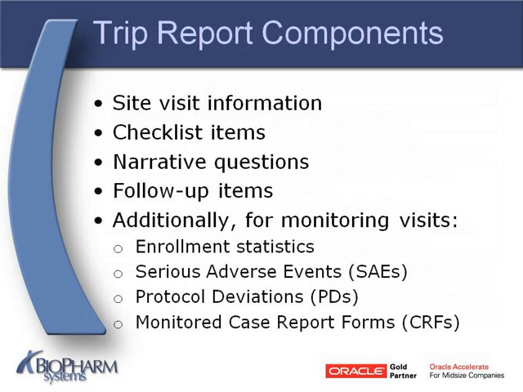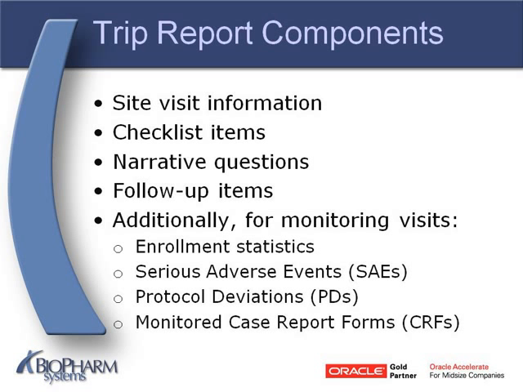So first, like I said, we want to start out with basic typical components of trip reports. The first one here is the site visit information, just some basic information about the site and the site visit, the dates, and relating it back to the site, the PI, and the attendees at the site. The next item is your checklist items, so questions or tasks that you need to do on the trip report.